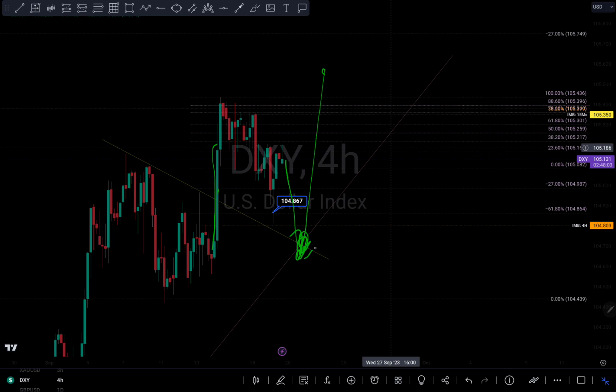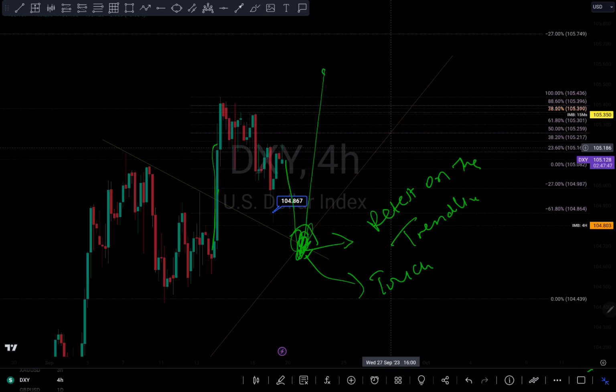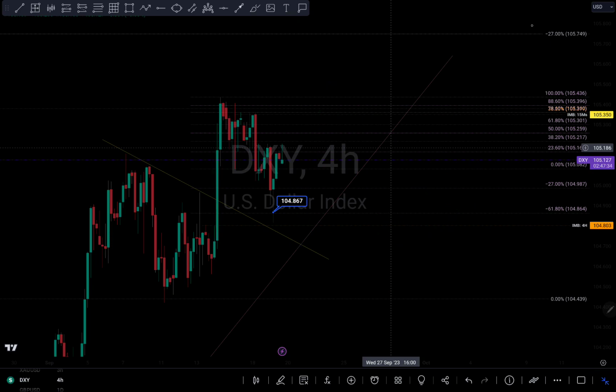We can see this was broken, so there's a possibility for a retest on the trend line, also touch of an imbalance around this area right here.